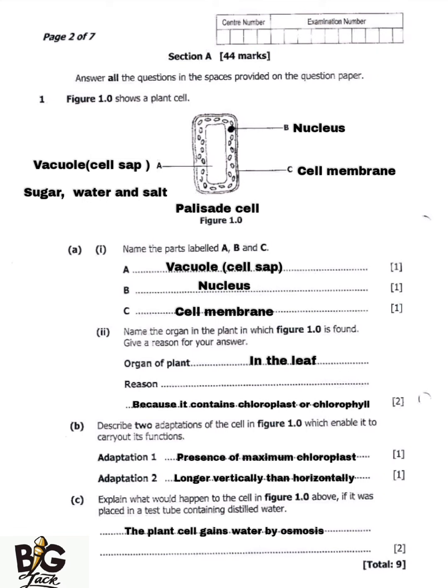As a result, the palisade cell is going to increase in size, but it is not going to burst because of the cellulose, the cell wall.